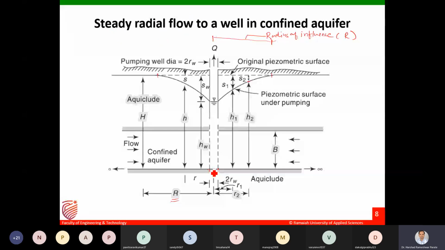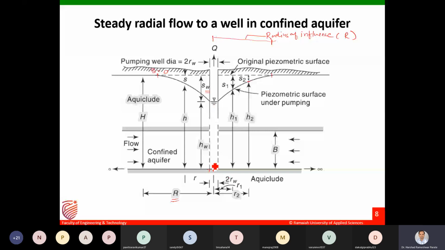So this is R. At the radius of influence, my drawdown is 0, my S is equal to 0. At this particular point, my S is equal to SW. My R1 will be equal to the radius of my well, that is RW, and capital R is the radius of influence.